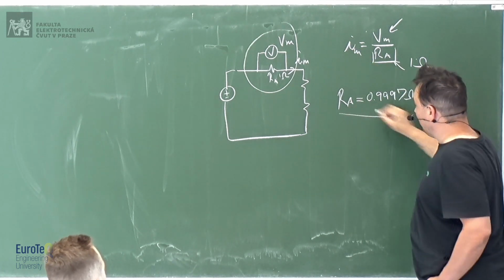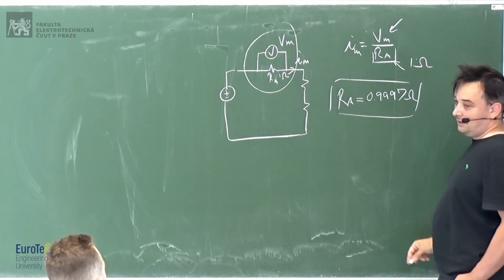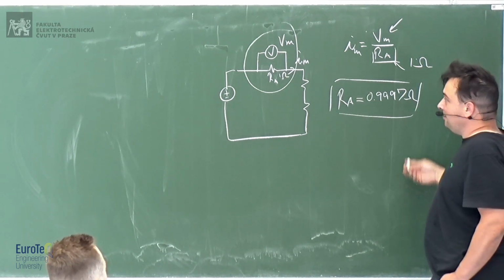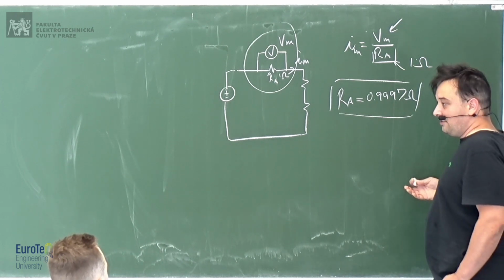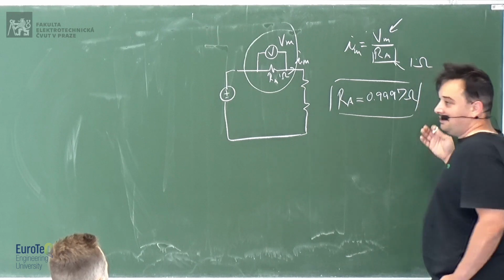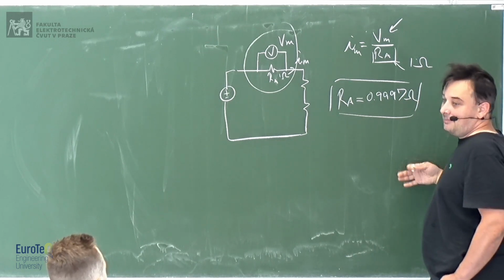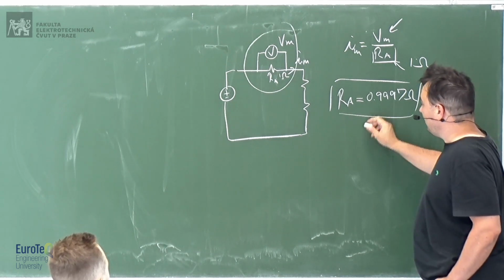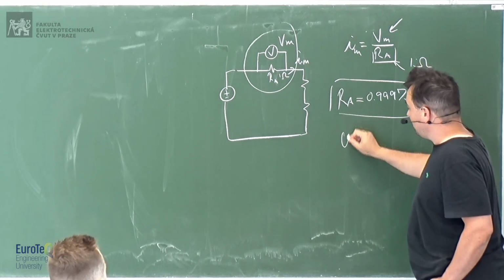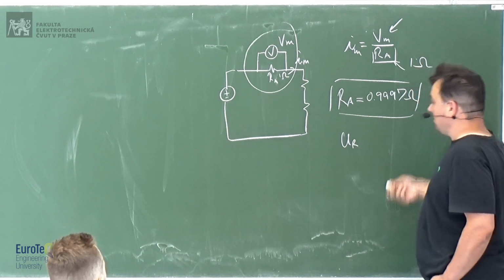But again, you don't know this value. You assume it's 1 ohm. You can measure it, you can calibrate it, but again, even if you calibrate it, you have some uncertainty in the calibration, okay? So definitely you will always have some uncertainty on the resistance.